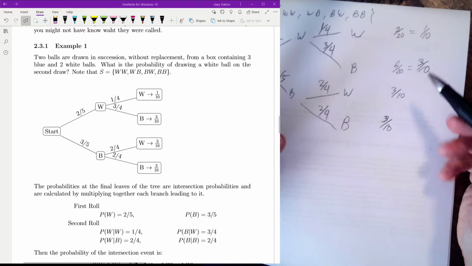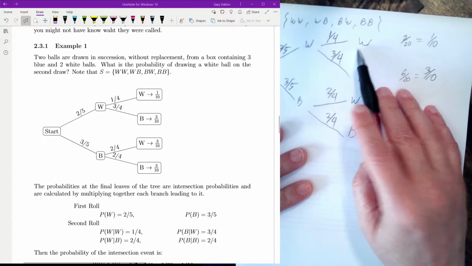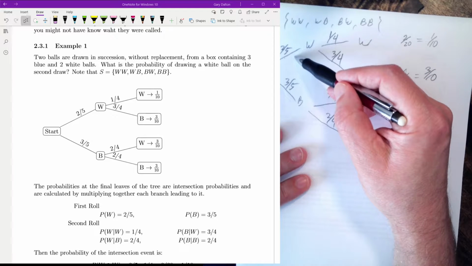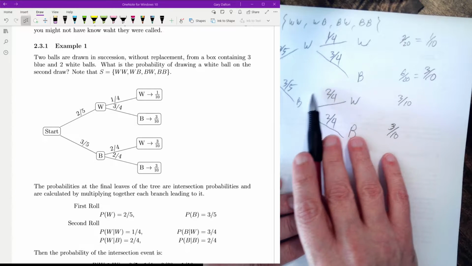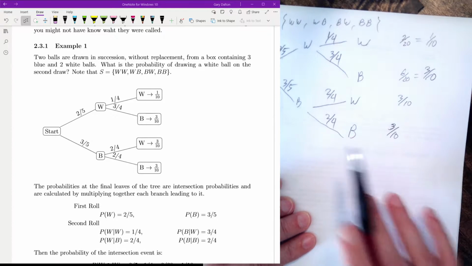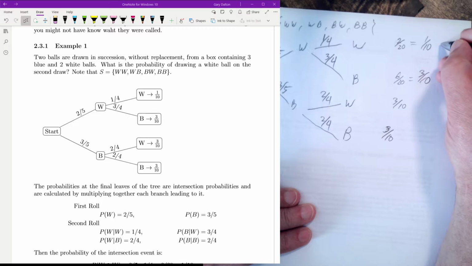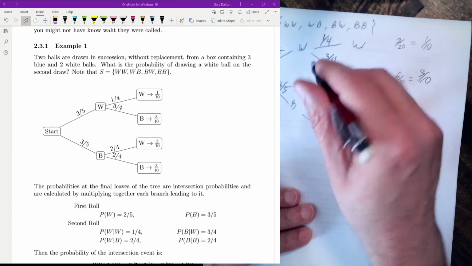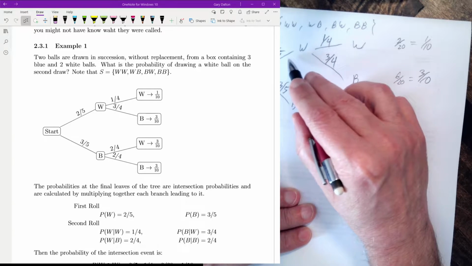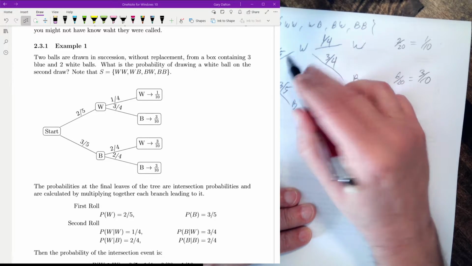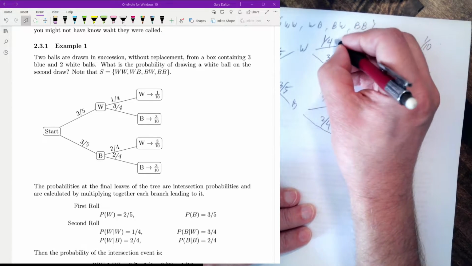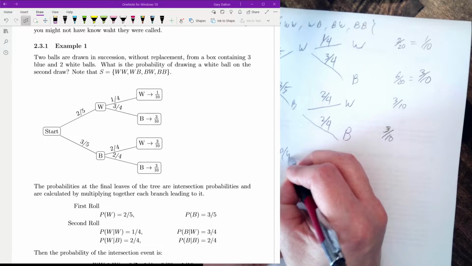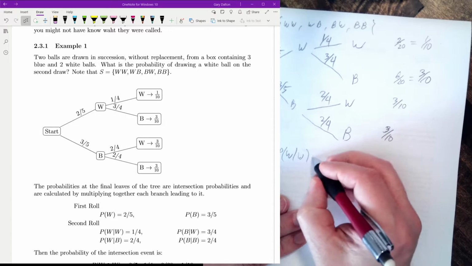So the probability of a white on the first draw is 2/5, and then on the second row we have this. And then we have the intersection. So basically, this is the intersection of white and white. This is the probability of white and white. This is a conditional probability given that we drew white already. So these in here are conditional probabilities. The probability of white given white is equal to 1/4.